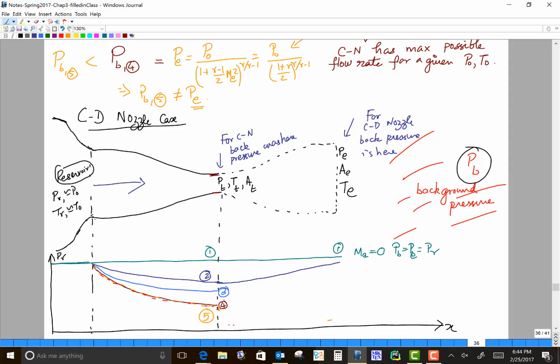So let's look at this case 2, and the pressure is going to increase because it's a compression. What we are going to have is ME approximately 0.05 to 0.1.